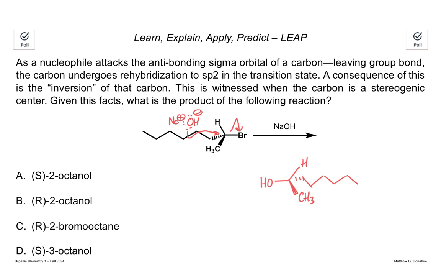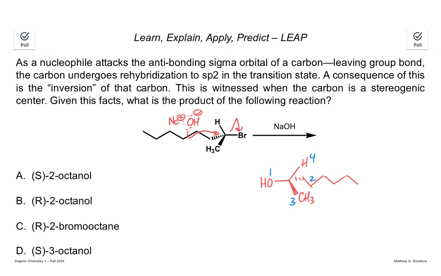And let's assign priorities here. Oxygen 1, hydrogen 4. The longer carbon chain will get 2, and then 3. Now what's complicating about this is, because the hydrogen's in the plane, you really need your eyeball right here to interpret the 1, the 2, and the 3, if they're going clockwise or counterclockwise.